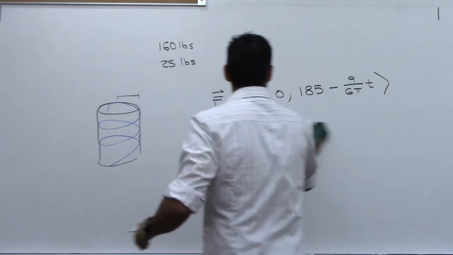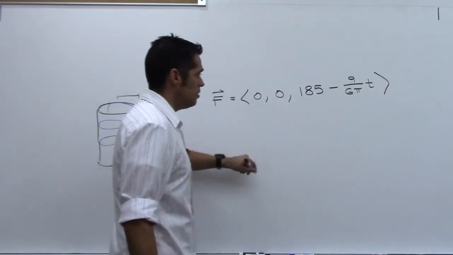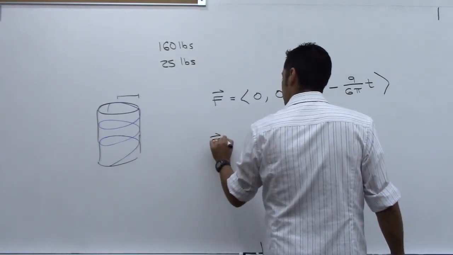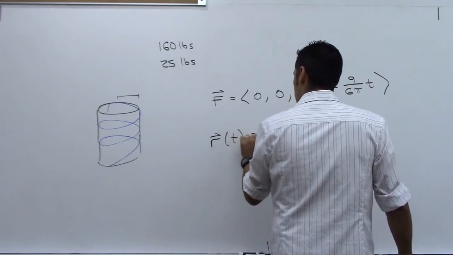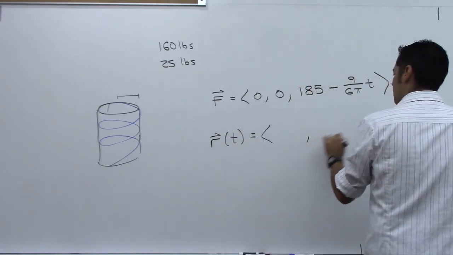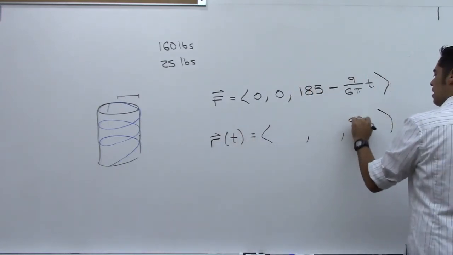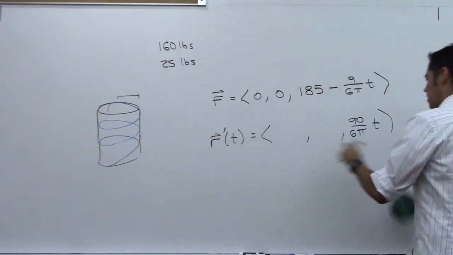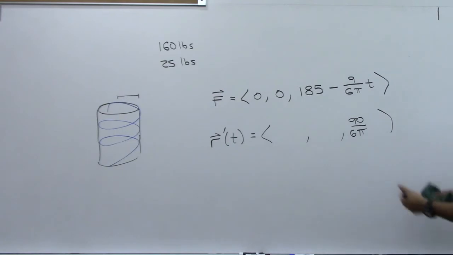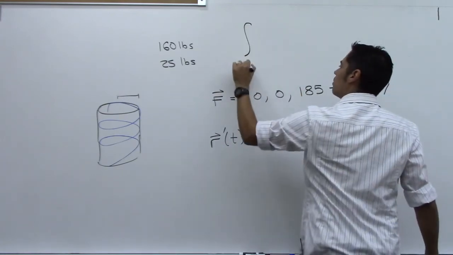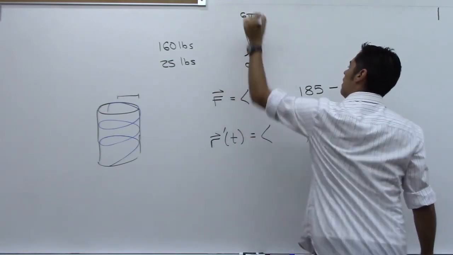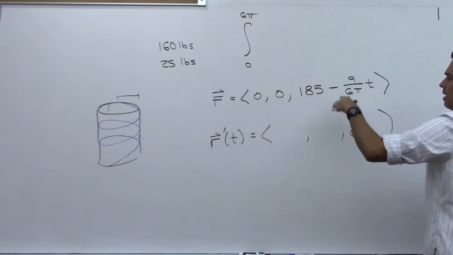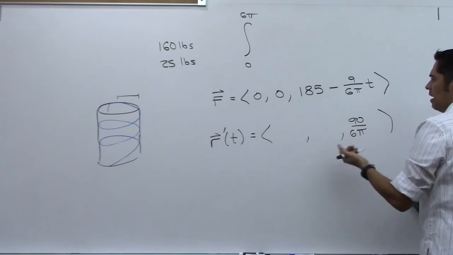The only thing different is the dot product at the end. Remember, that last piece we had for R of t was 90 over 6 pi t. When we took the derivative, this became just this, and then we dotted. So this will be the integral from 0 to 6 pi. We dot these, the zeros kill off, that's why I didn't write them. Then this times this is a little bit different.